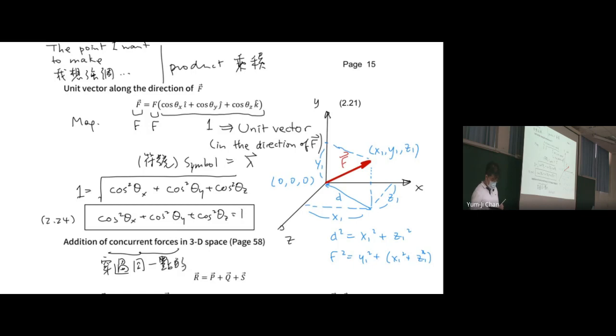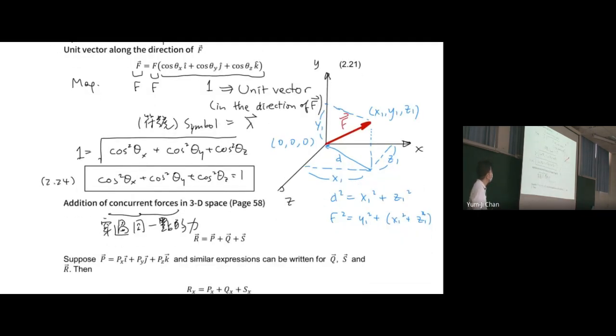Concurrent forces means different forces which pass through the same point. I think the things down there should not be a problem for you. You think you can handle those?